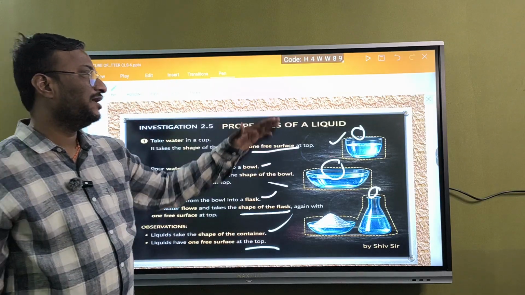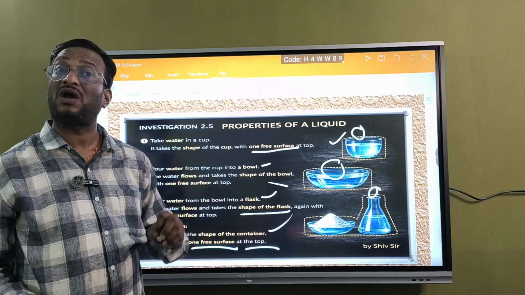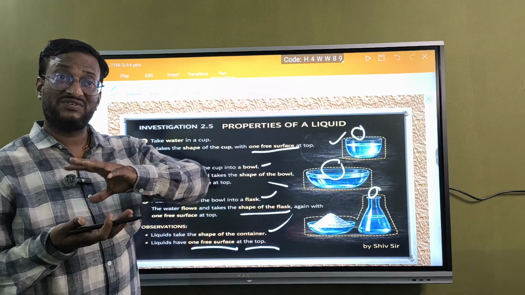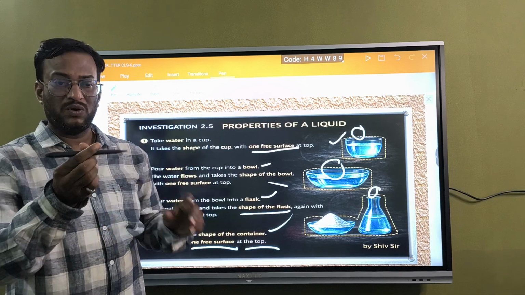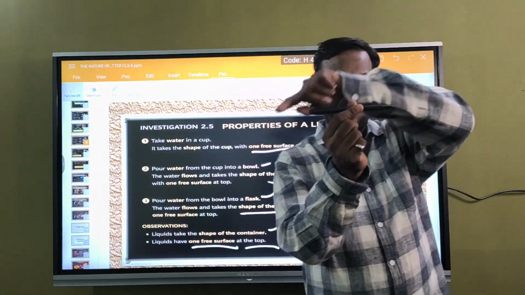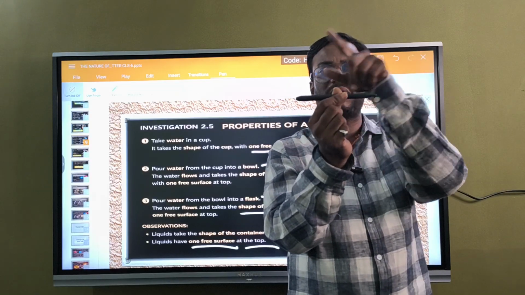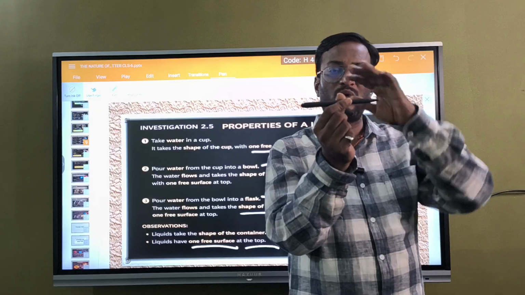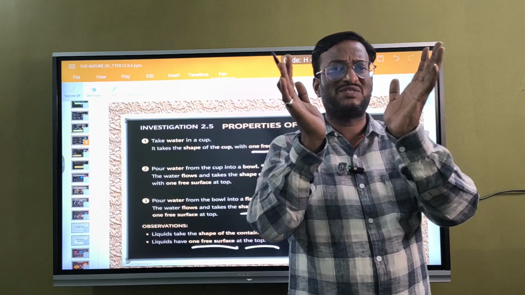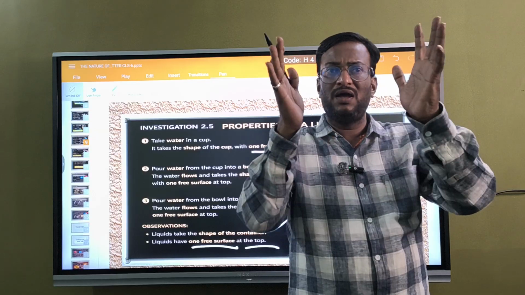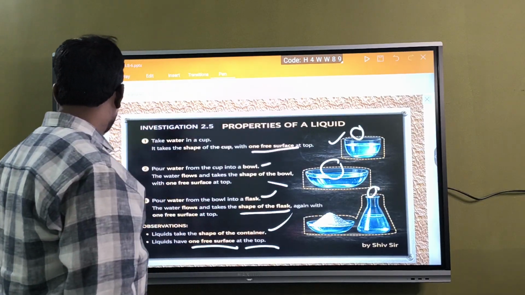A free surface is one that does not escape, though it is free. Remember children, a solid, like this pen, has the whole space around it free. There will be an infinite number of free surfaces for a solid. A liquid will have only one free surface because on all the other sides it is bounded by the container.